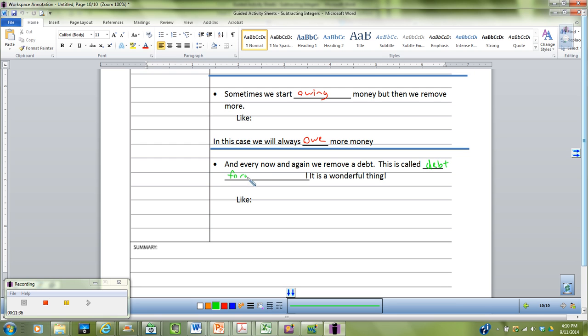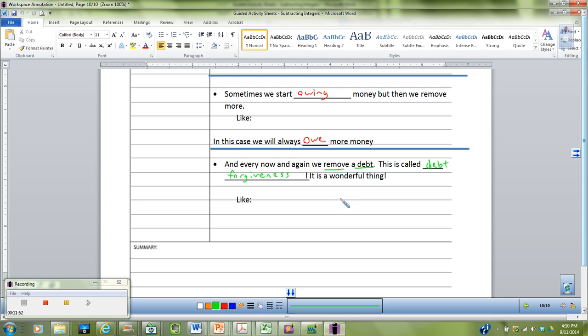Meaning you owed something, but then they forgave you and said, you know what, you don't have to pay that back anymore. So that money that was allotted to something else, now you get that back. So it's a great thing, right? Removing a debt is a positive thing for us. We get that money back. They do that with taxes, right? I pay taxes to the government, and if I paid enough, they'll give me a tax return.